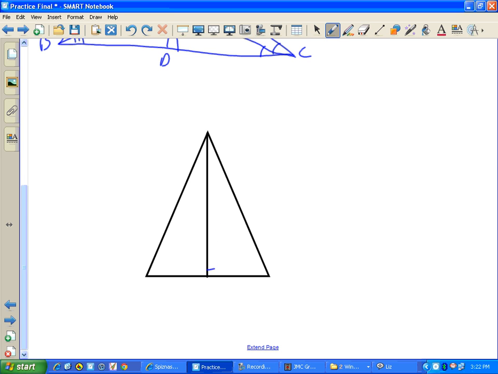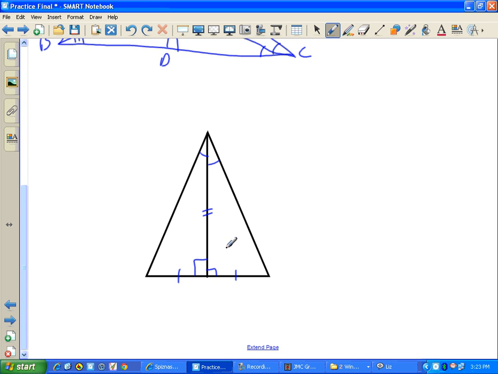Okay, because this is perpendicular bisector, these triangles are congruent by side, angle, side, which means their corresponding parts, meaning these angles are also congruent. So that's true. It could be as long as the triangle is isosceles.